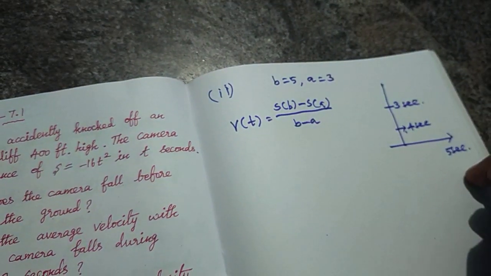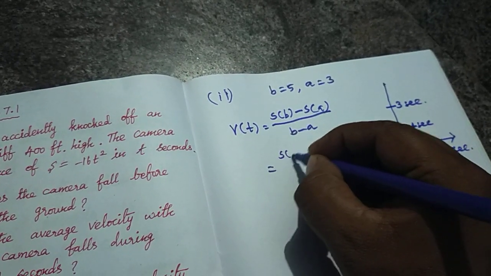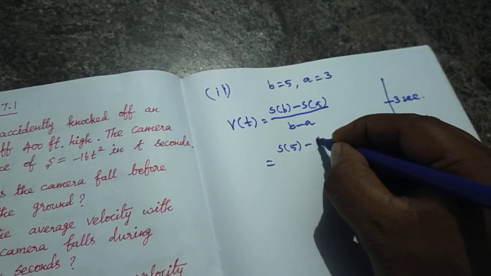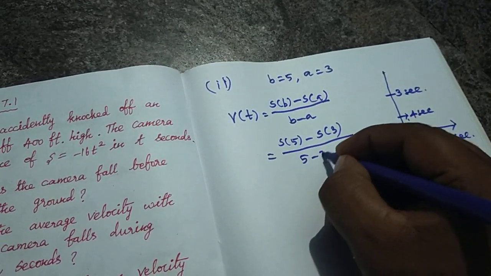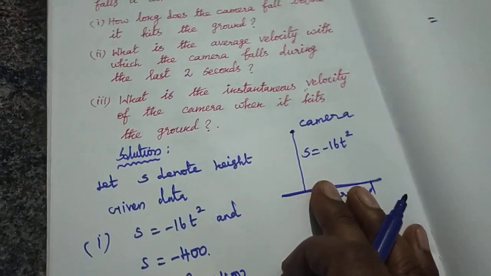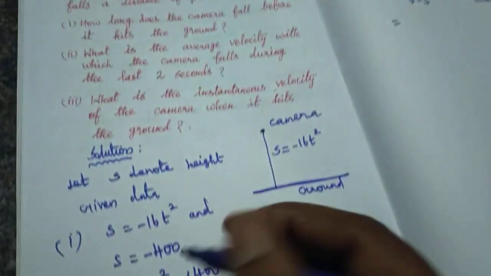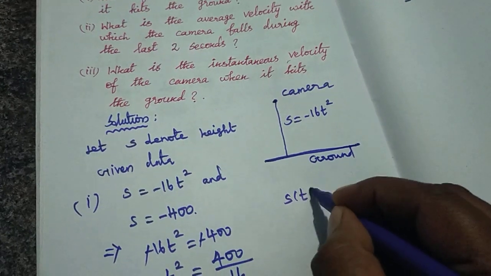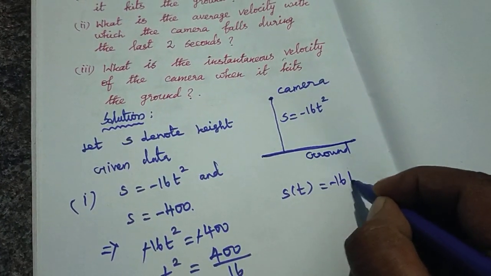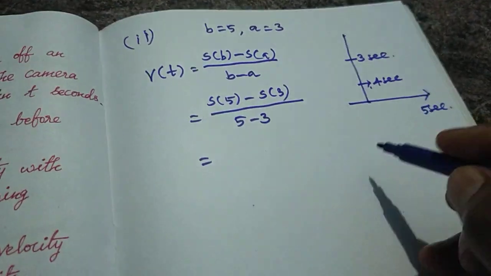From 3 to 5 we calculate the velocity: (S(5) - S(3)) / (5 - 3). The given data says s is a function of t, so we can write S(t) = -16t². First we calculate S(5).